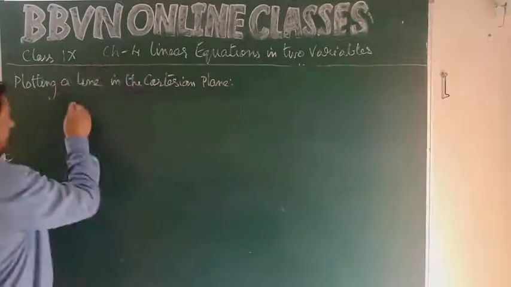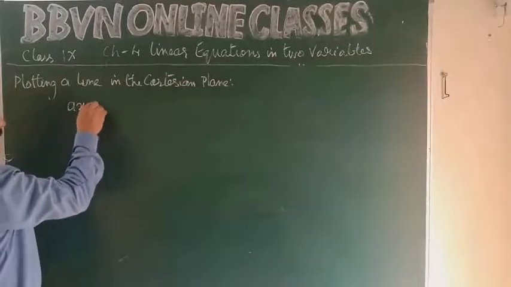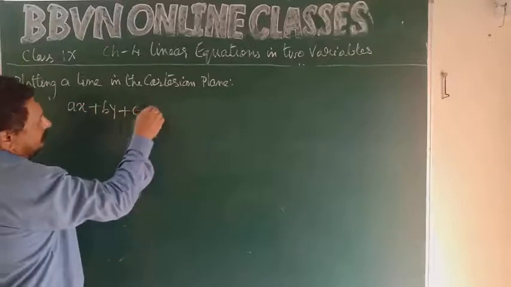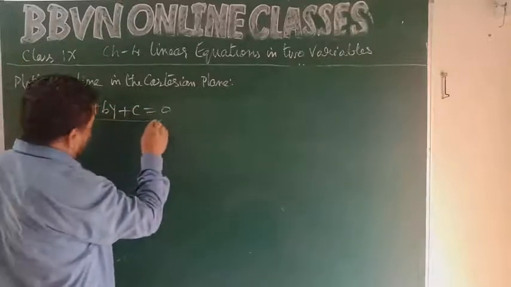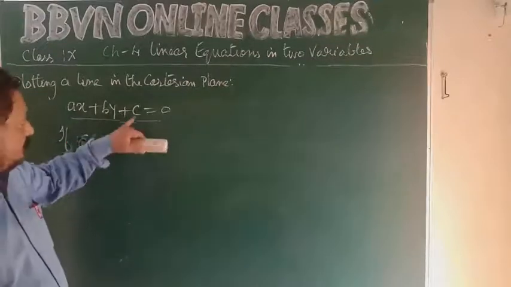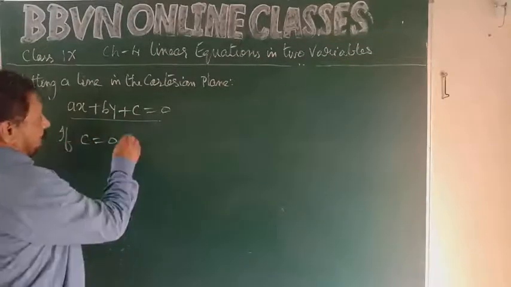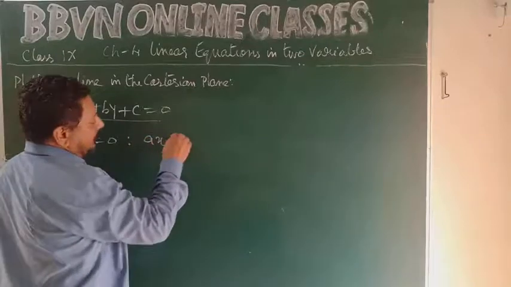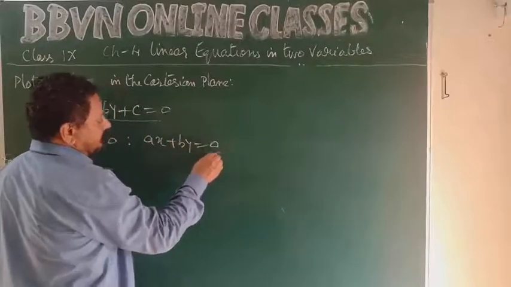See children, always remember, if you have a line ax plus by plus c equal to 0, in this particular equation, if c is equal to 0, the equation reduces to the form ax plus by equal to 0.